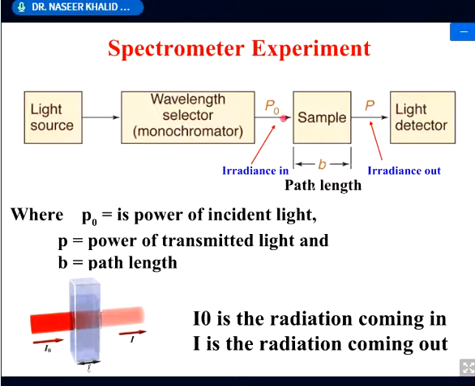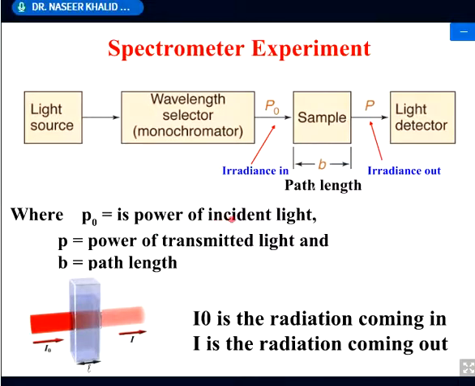So if, for example, this was 100 units and this was, say, 65, it means 35 have been used by the interaction with this sample. So by measuring the radiation in and out, P naught and P, we are able to calculate how much was absorbed by the sample.